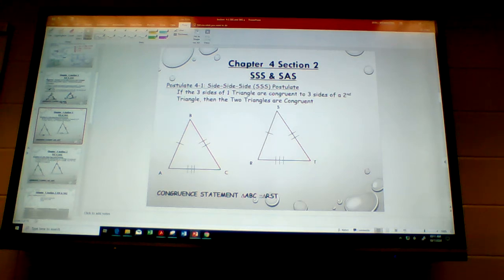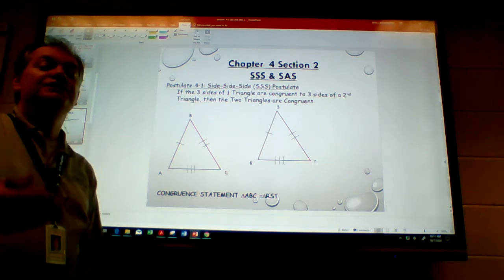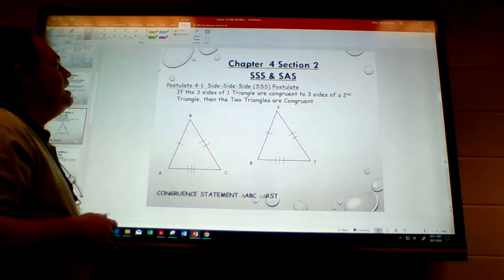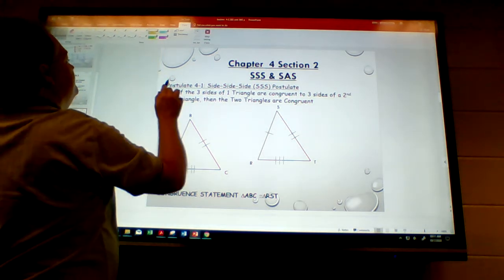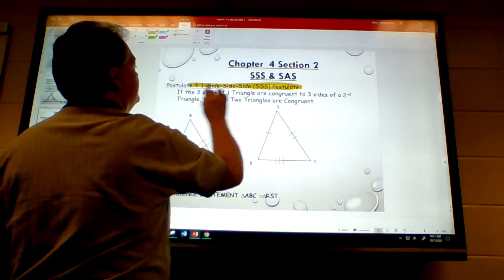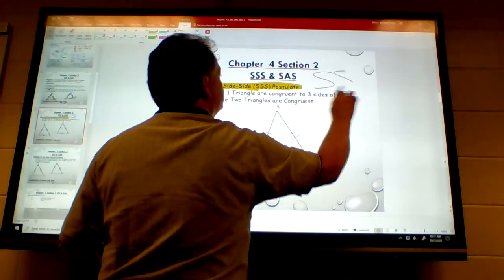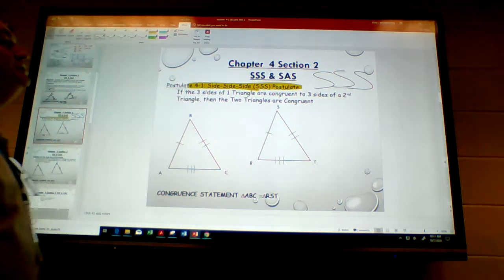All right. Now, postulate 4.1. Remember, a postulate is a statement that we assume to be true. We can't prove it. The SSS postulate is simply side, side, side. That's all you have to write.